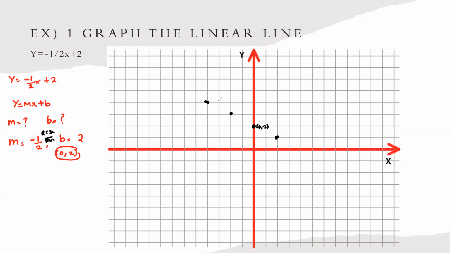Okay, connect the dots as straight as you can, and that's it. Okay, so you label this line. You always label your graph y = -1/2 x + 2.